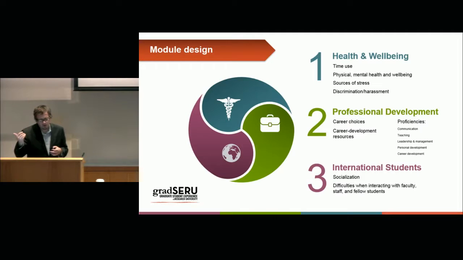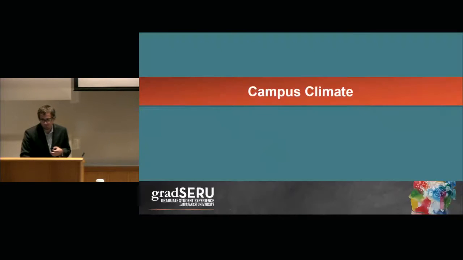It tries to identify 6 different areas and 3 sub areas, to get much better information about whether students are getting the new types of skills that we believe they need in the modern marketplace. As well as an international students section, which talks about socialization and difficulties with interacting with faculty, staff, and fellow students.